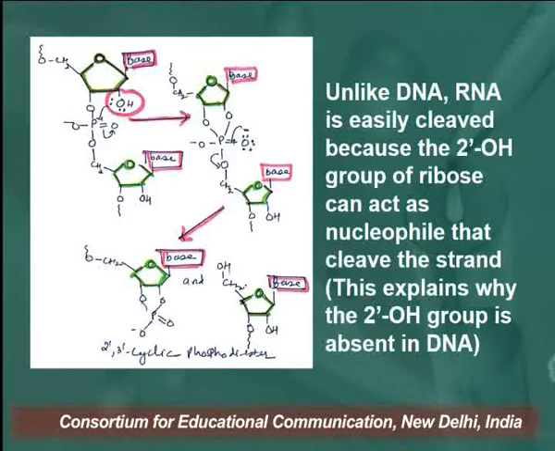Unlike DNA, RNA is easily cleaved because the OH present at the 2' carbon atom of the ribose sugar can act as a nucleophile that cleaves the strand, and this explains why the 2' OH group is absent in DNA.